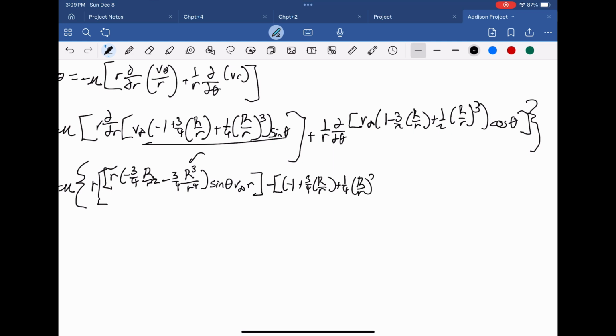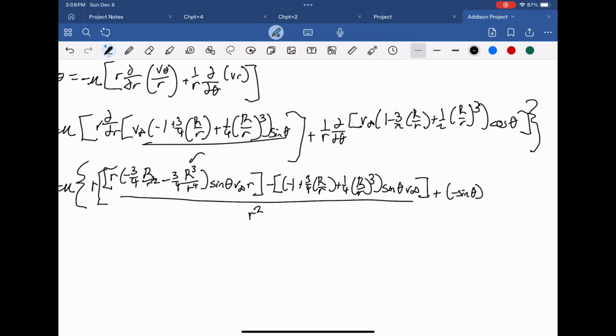Make sure that negatives are always tracked, because lots of things are going to cancel out in this equation, and we want to make sure that they cancel out properly. And then over low is just going to be r squared. For the second half of the equation, we are deriving with respect to theta.